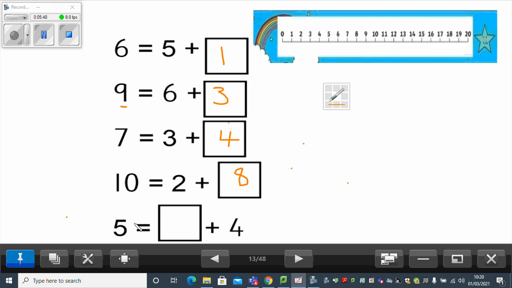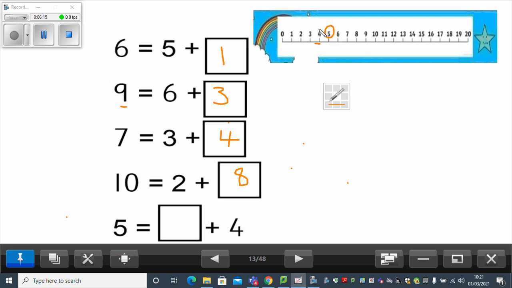There we go. So this time it's 5 equals what add 4. Now our missing number, our missing part, was in a different position here, but we just need to do exactly the same. We know that one of our parts is 4, and we know that our answer is 5. So what's the missing part?